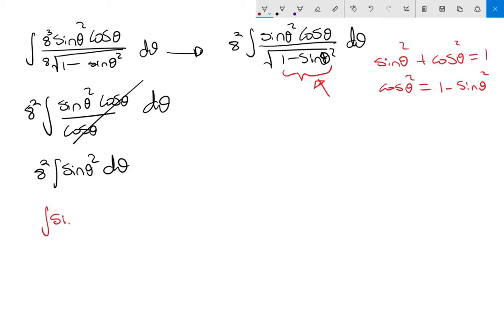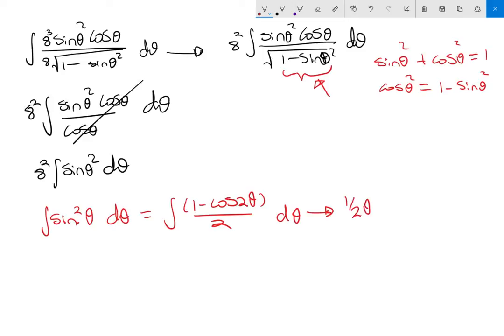This is the integral of sine theta squared d theta, and this is equal to 1 minus cos 2 theta over 2 d theta, which equals half theta minus 1 over 4 sine 2 theta plus c.